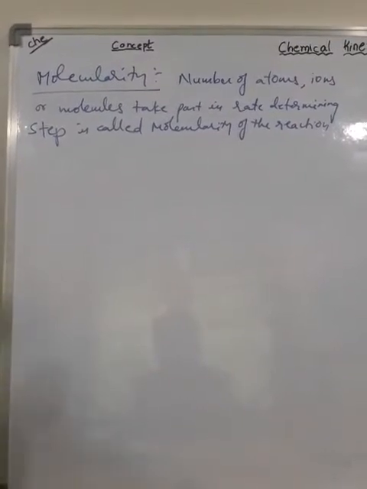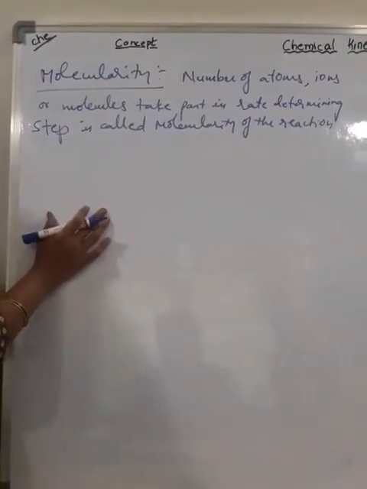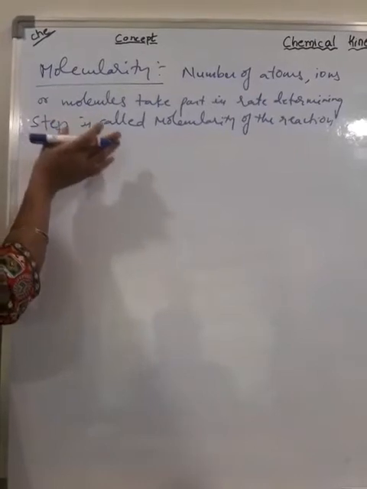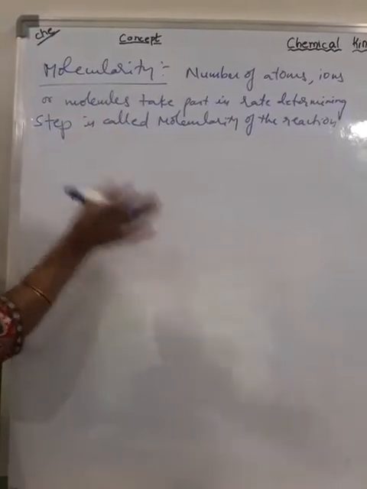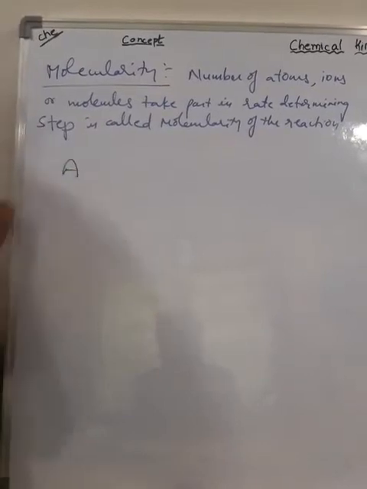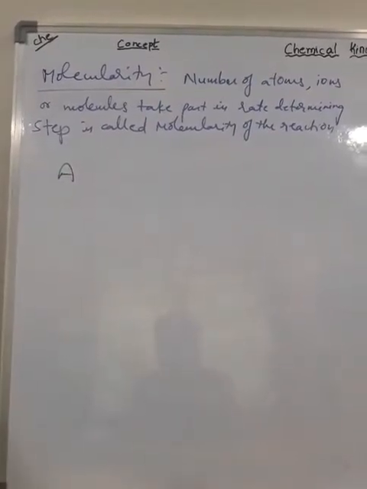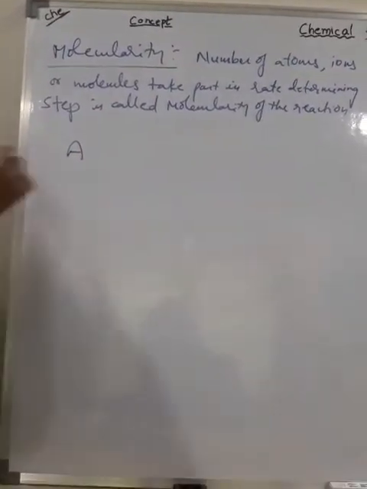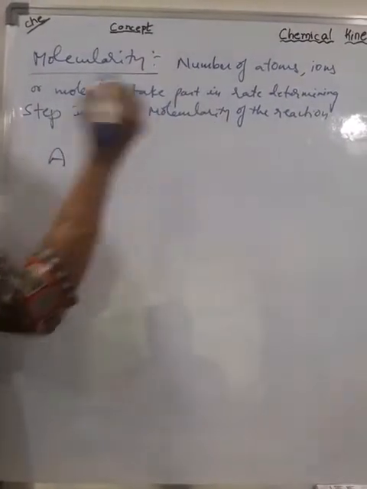A reaction mechanism contains a sequence of elementary reactions. For example, first A is the reactant and A forms products.